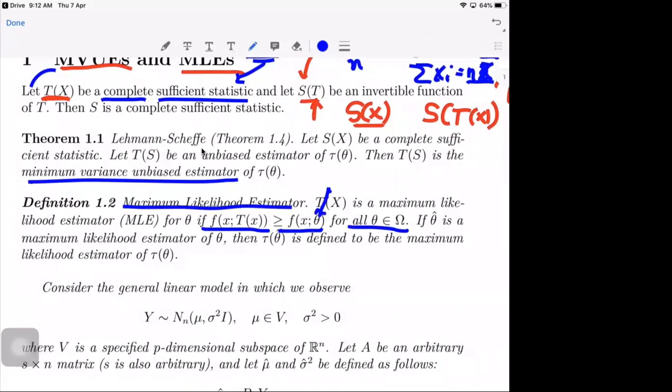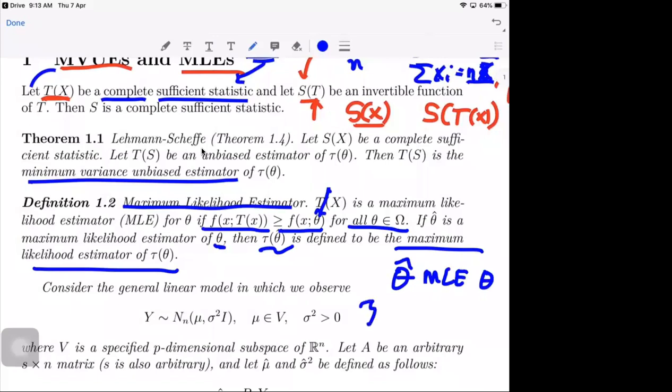So if theta hat is an MLE for theta, then any transformation of your theta hat will also be an MLE for tau of theta. So if you have theta hat as the MLE for theta, and you transform it by tau of theta hat, it is the MLE for tau of theta.